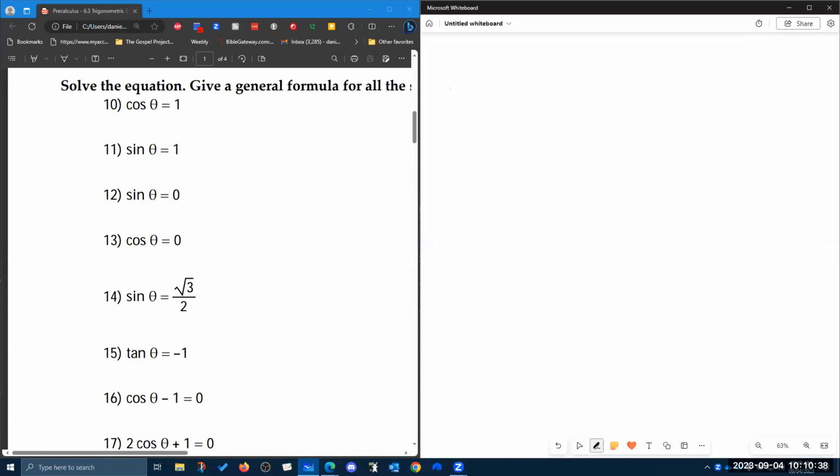Number 3, sine of theta is 0. Well, that happens at 2 places. So my first set of answers is theta is equal to 0, and my second set of answers is theta is equal to pi.